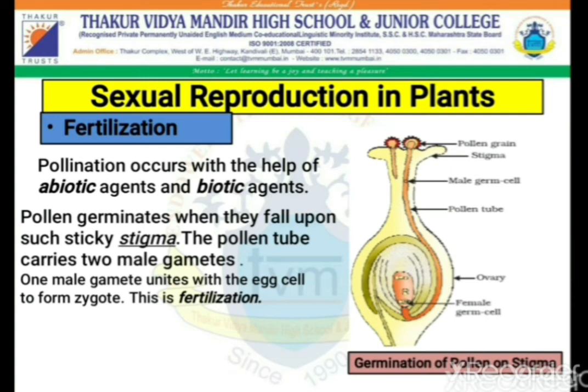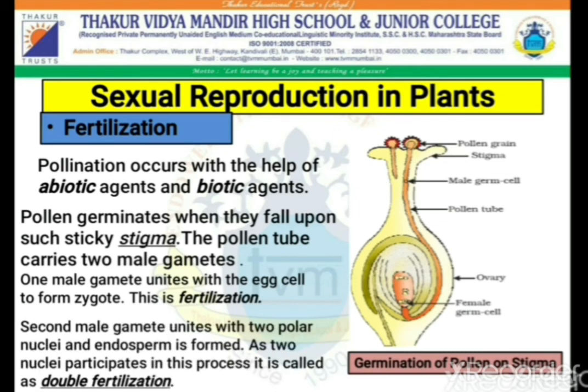Students, remember that fertilization means the union of male and female gametes. So the first male gamete has come and combined with the ovule, that is the egg cell, to form a zygote. So fertilization is completed, first part.